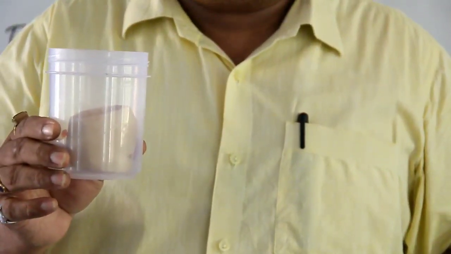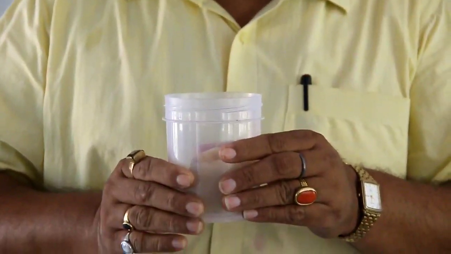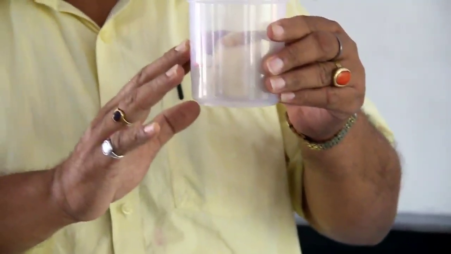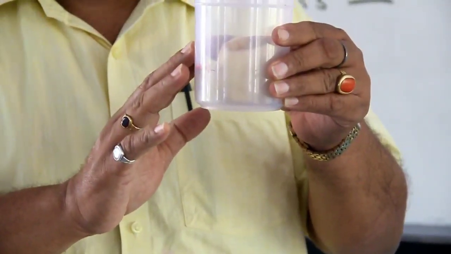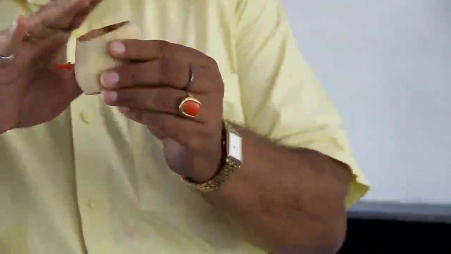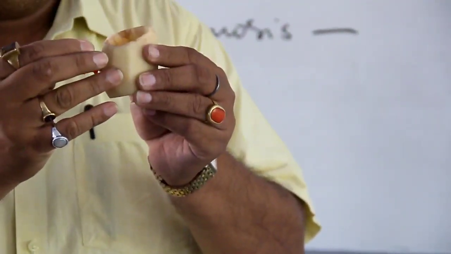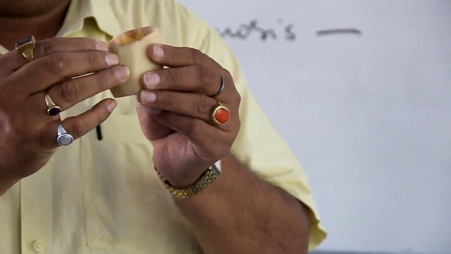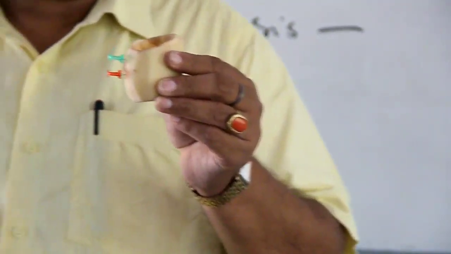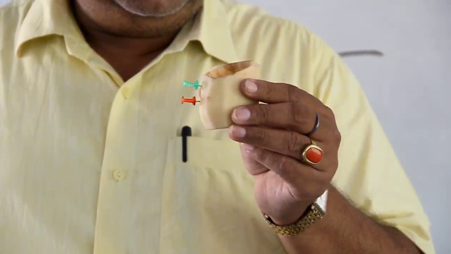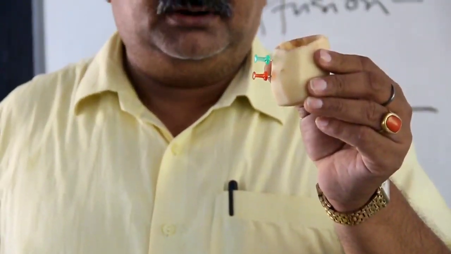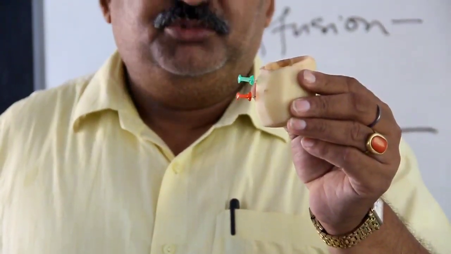What you will see is, after 2 to 3 hours, the level of the sugar solution that was filled inside this cavity has risen. Mark that level. Let us assume that the level that rose up after 2 to 3 hours is the second one, the upper one. What does it prove?